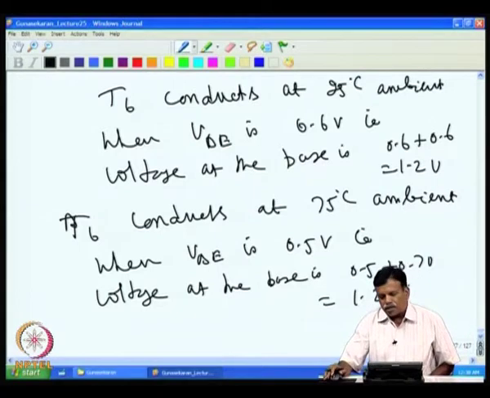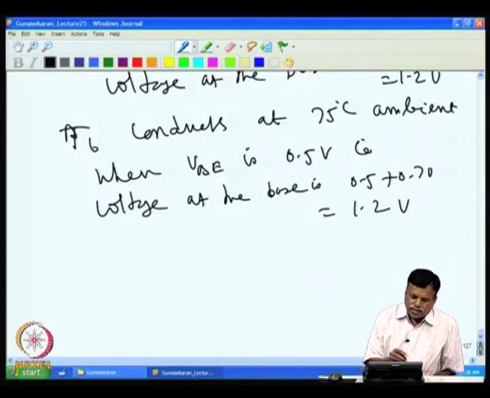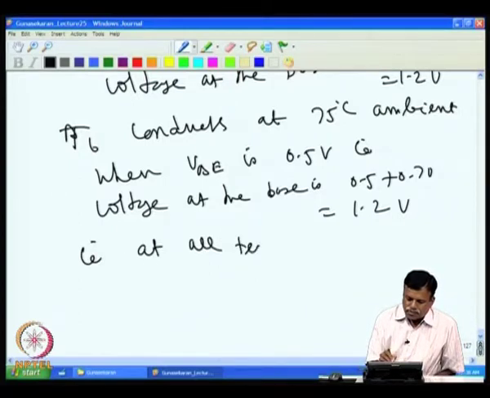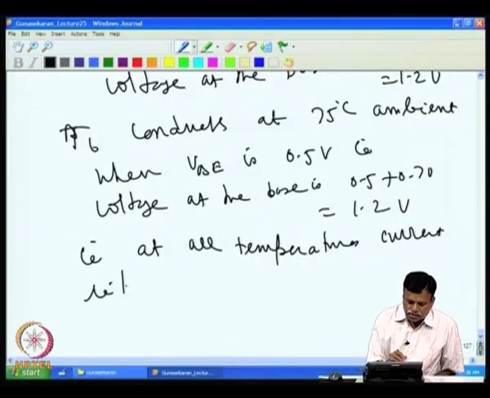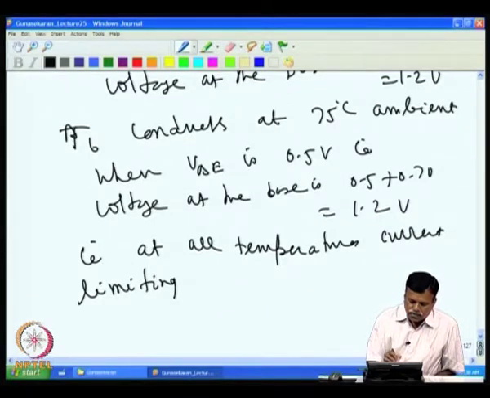So, all the time it limits the current only at 1.2 volt, that is, at all temperatures current limiting is taking place.